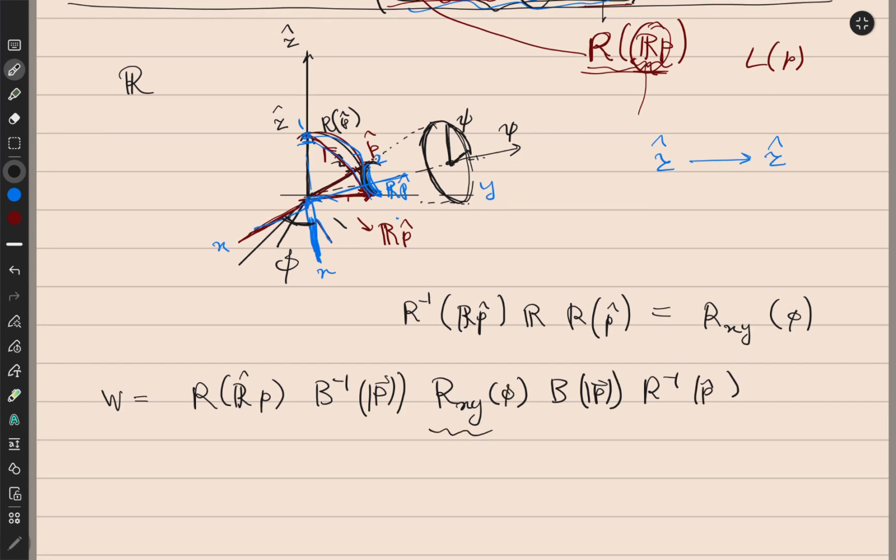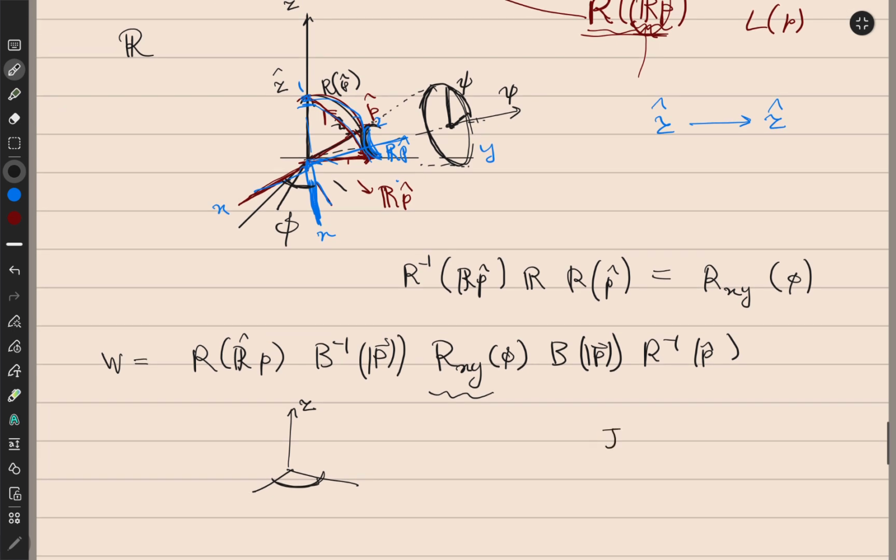The boosts were defined to be boosts along the Z cap direction, by some amount P. So these boosts that shoot you towards the Z axis commute with the rotations that occur in the XY plane.